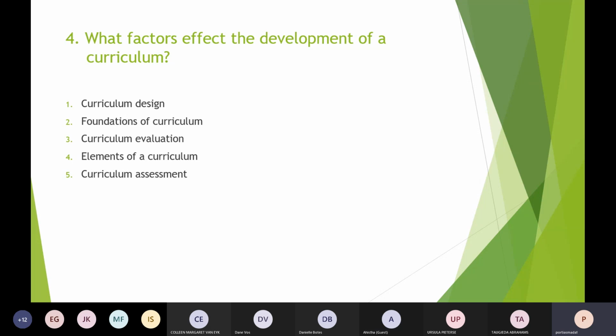Danielle Boetes, what do you think? Evelyn? Yes, thanks. I would say that it's number 3, because I think once you've evaluated the curriculum, that's when it develops.